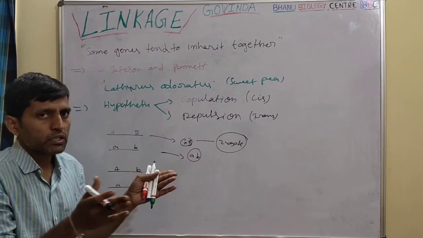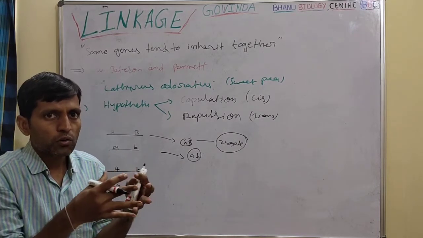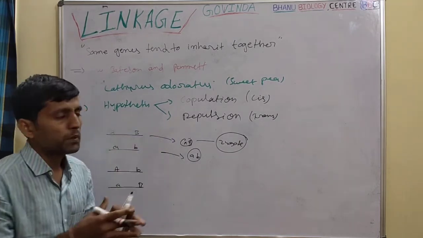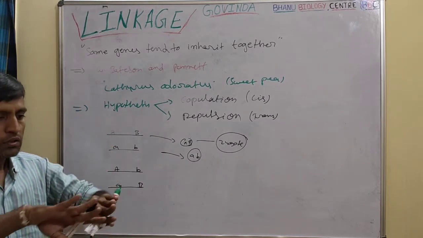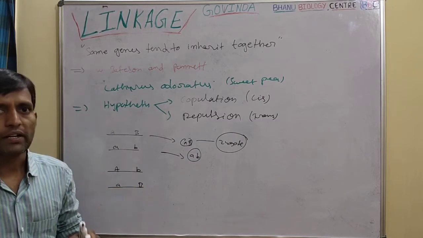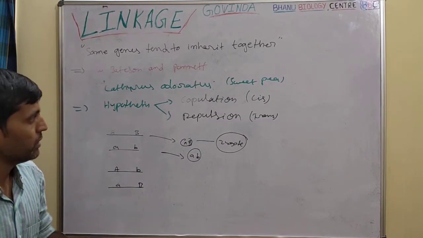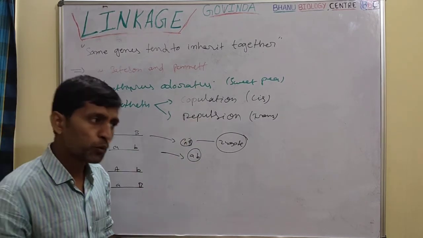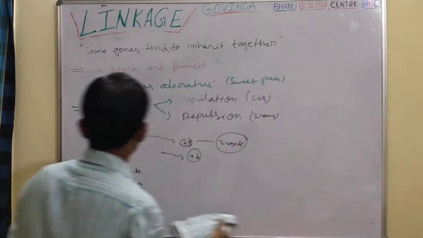So in case of coupling, we can observe the strong closeness between the genes. In case of repulsion, we can observe the separation of the genes and they enter different gametes. These two concepts were proved by their experiments.